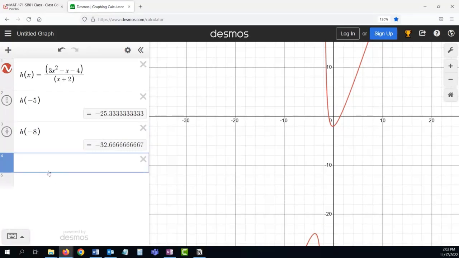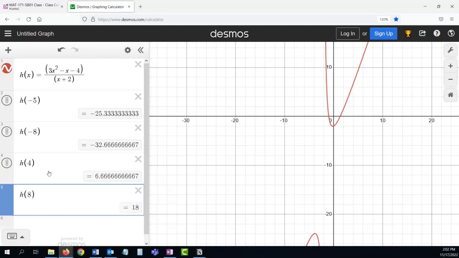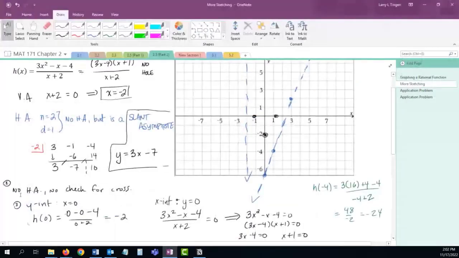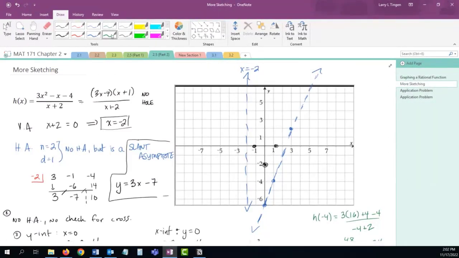So how about to the right? What about h at 4? Can I graph that? Yeah, I can graph that. What about h at 8? No, I'm going all over the place. So with those extra points included, and the graph is just not to scale very well, what does this thing look like?